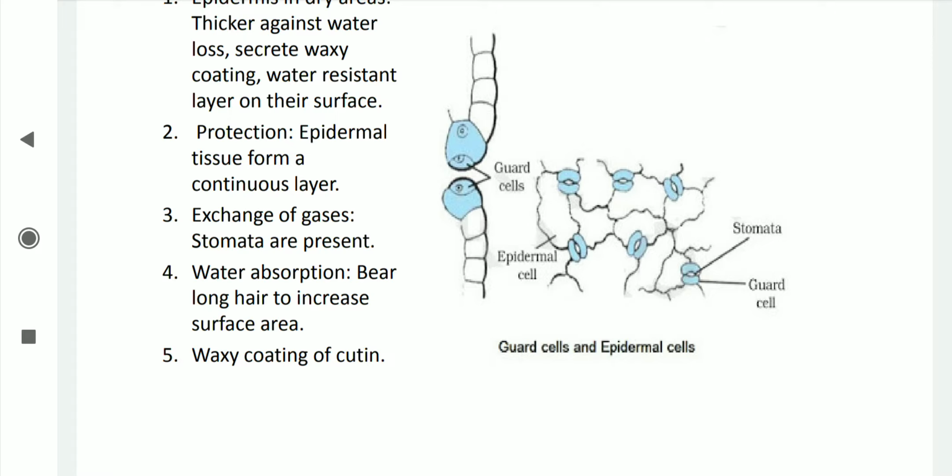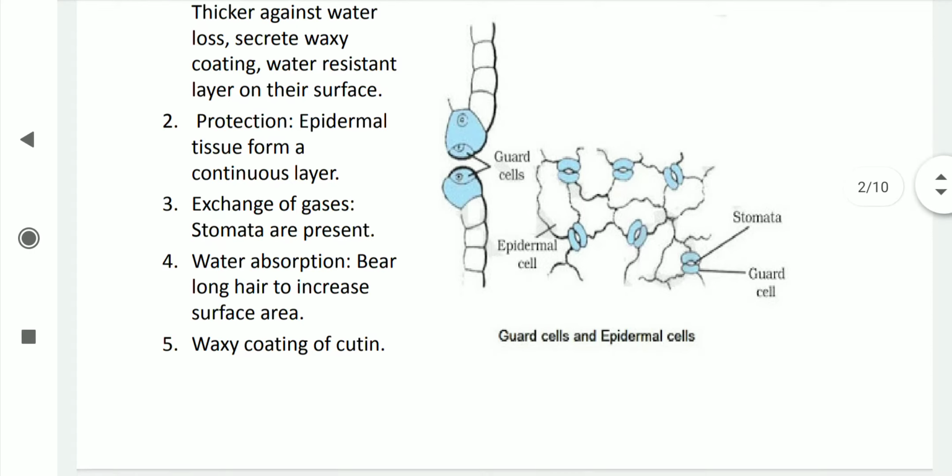So this helps in the protection from these invading parasites like fungi. Also one more thing I would like to tell you, epidermal tissue forms a continuous layer. There is no intercellular space.